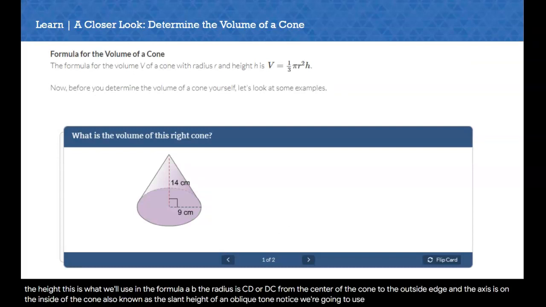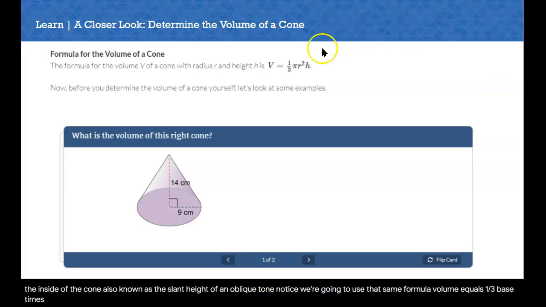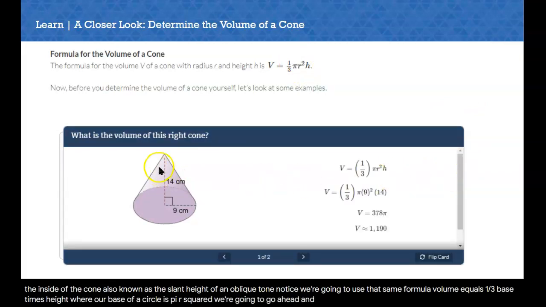Notice we're going to use that same formula, volume equals 1/3 base times height, where our base of a circle is pi r squared. We're going to go ahead and substitute the radius as 9.